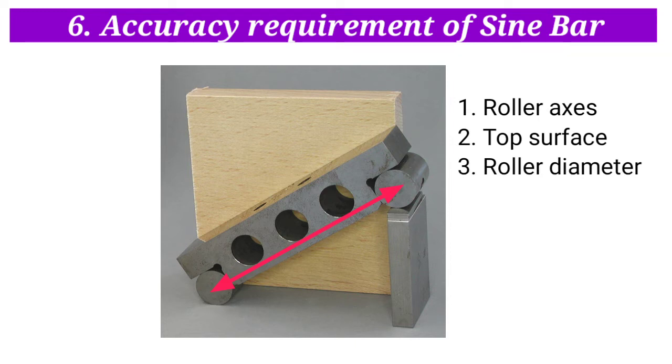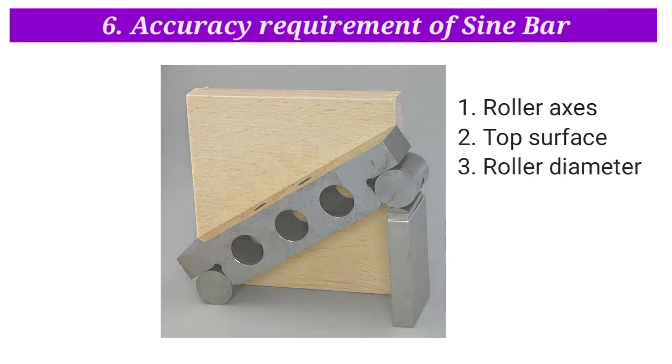The top surface of the bar must have a high degree of flatness. It should be parallel to a plane containing the axis of the rollers. The rollers must be of identical diameters and round within a close tolerance.